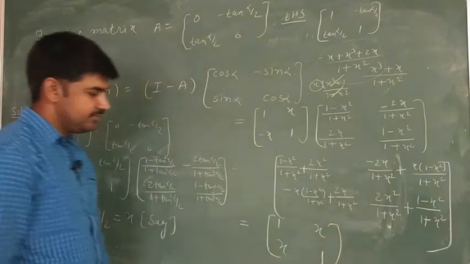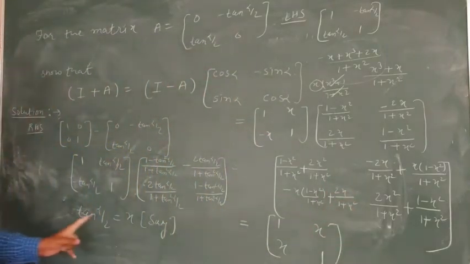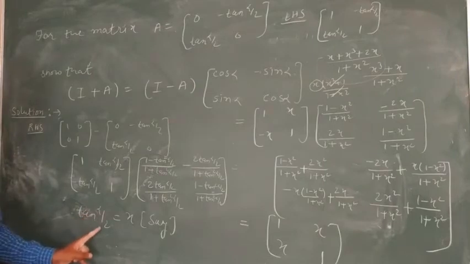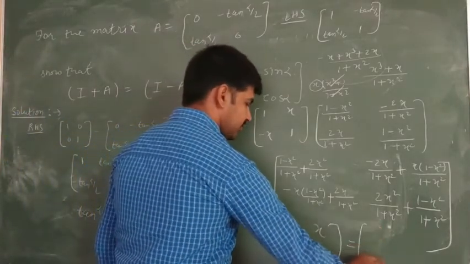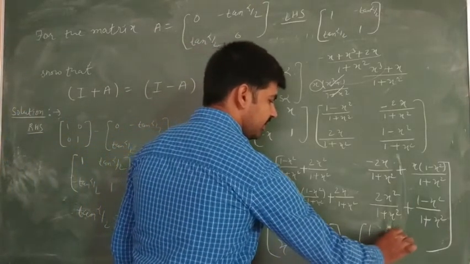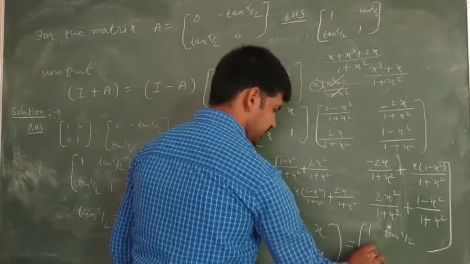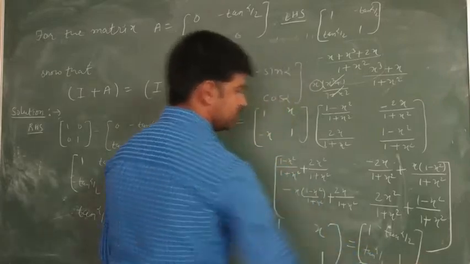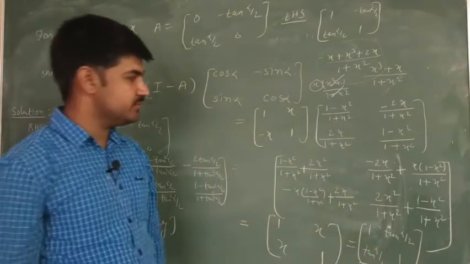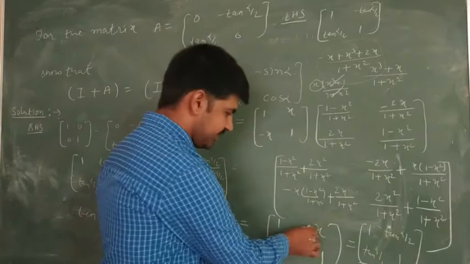Okay. Now what did we take x as? We took x as tan alpha upon 2. So when we took x as tan alpha upon 2, this can be written as 1, tan alpha upon 2, and here tan alpha upon 2 and 1. So what was the simplest form of LHS, students? Here we will be getting this as minus x.